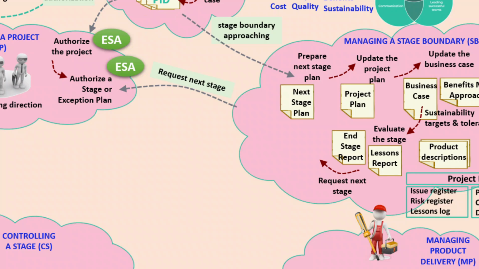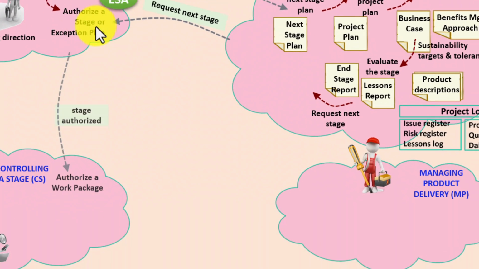Now we've just finished the initiation stage, which includes using the initiating a project process and managing a stage boundary, and now it's time to start the first delivery stage. How does that occur? Well, in this activity, authorize a stage plan, as we're going to look at it now, this is now the project board authorizing the stage to start and telling the project manager in the controlling a stage process. So this, my friend, is the first time we're using controlling a stage in the PRINCE2 method.